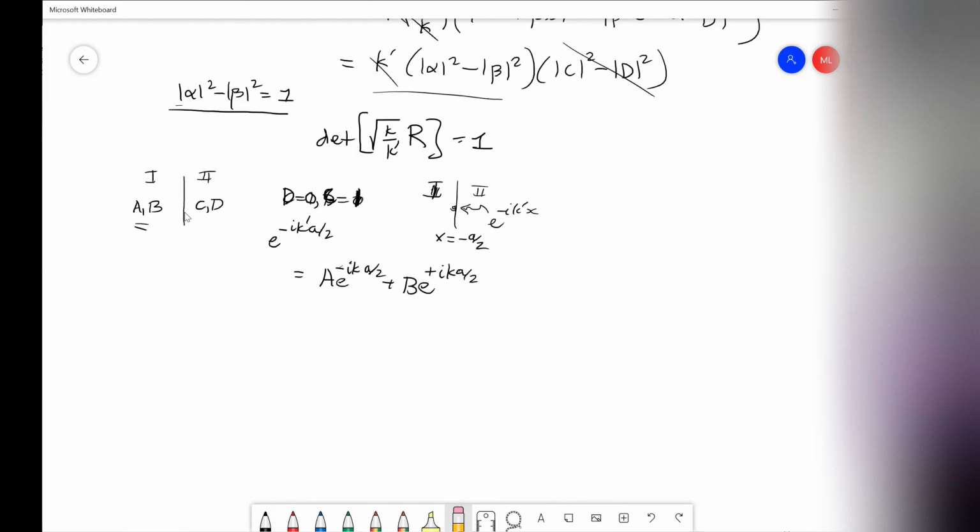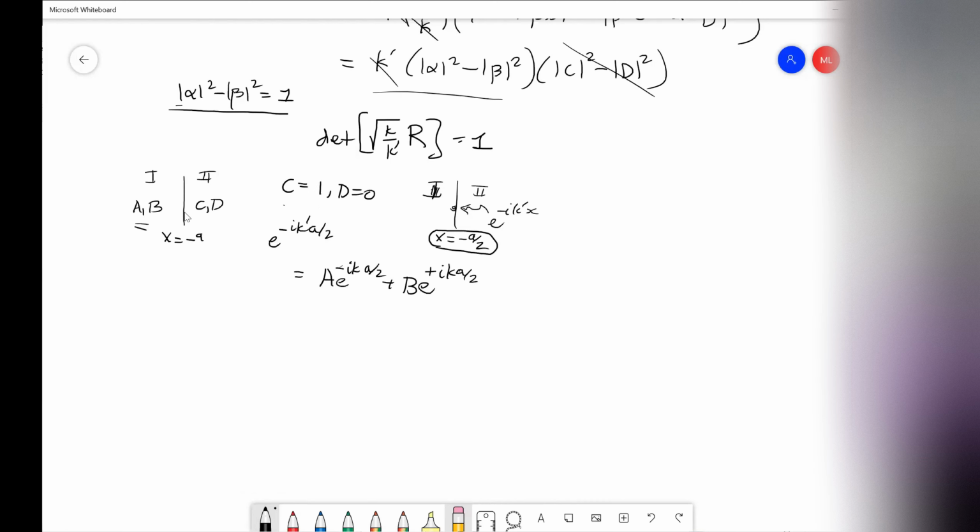Sorry, this is all correct. So we're setting C equal to 1 and D equal to 0 and evaluating at x equals minus a over 2, just as a matching point.